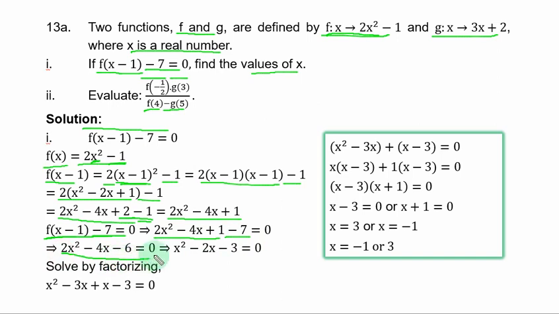Divide through by 2, and you have s squared minus 2s minus 3 equal to 0. Solve by factorizing. Look for two factors of minus 3 whose sum is minus 2 and whose product is minus 3. Such factors are minus 3 and plus 1.